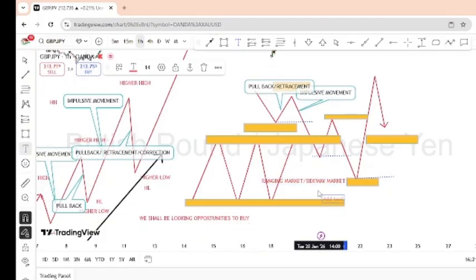And here now, so what do you do? How do you trade this kind of market? You want to sell at resistance. Okay, you want to sell here, you want to sell here, and then you want to buy at support.